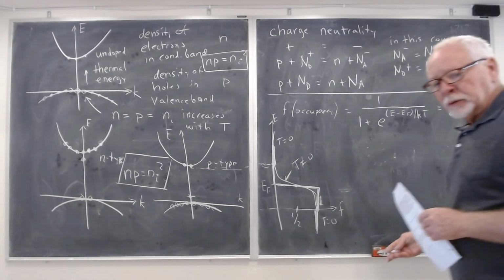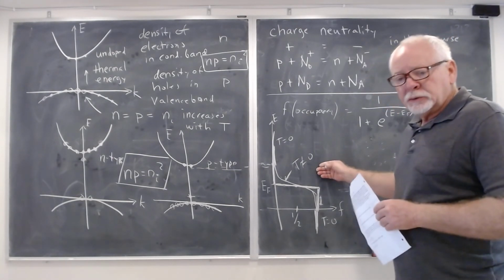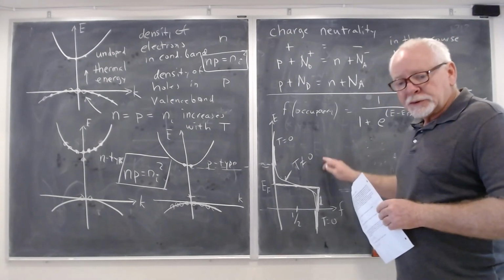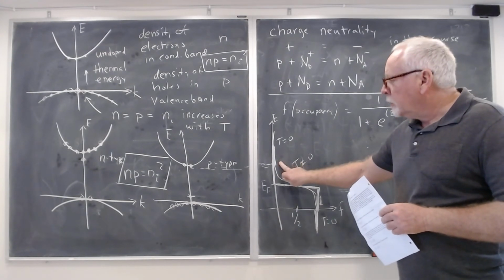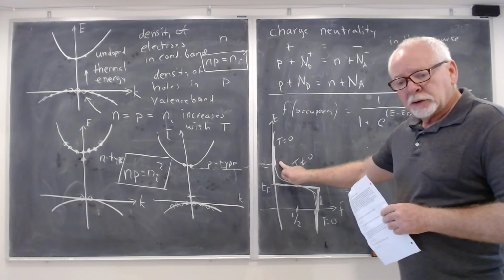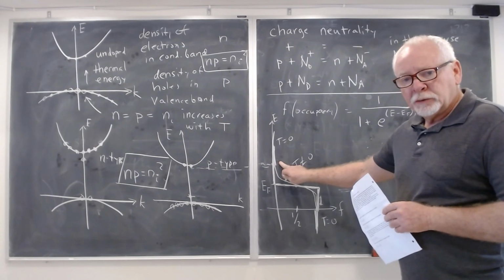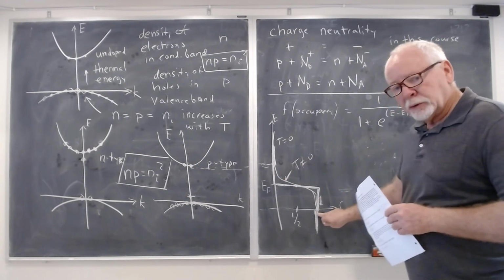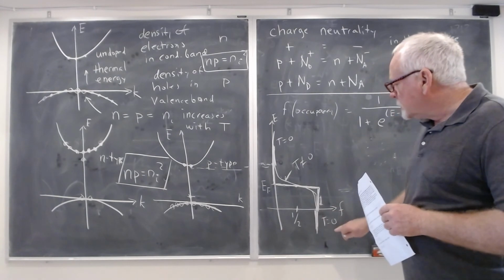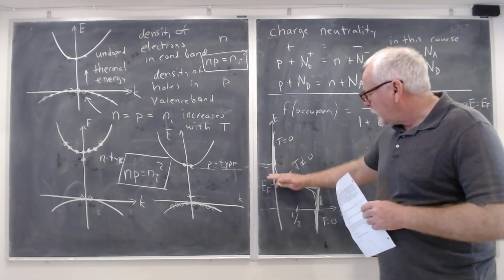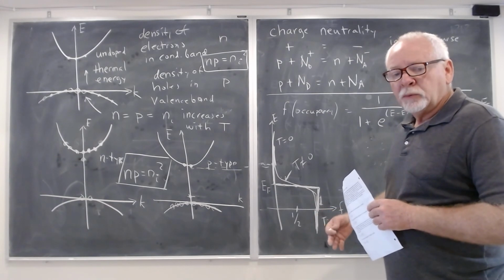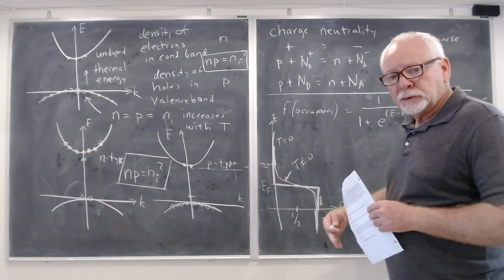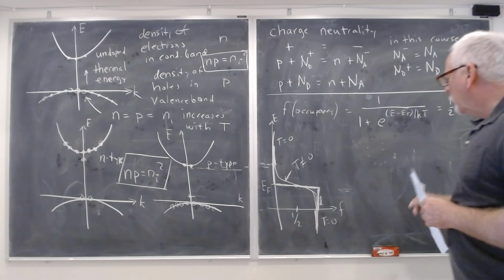Now, the Fermi-Dirac function describes whether it's probable that a state is occupied or unoccupied. And so the position of EF tells us whether we're going to have more electrons or holes. So let's look at that.